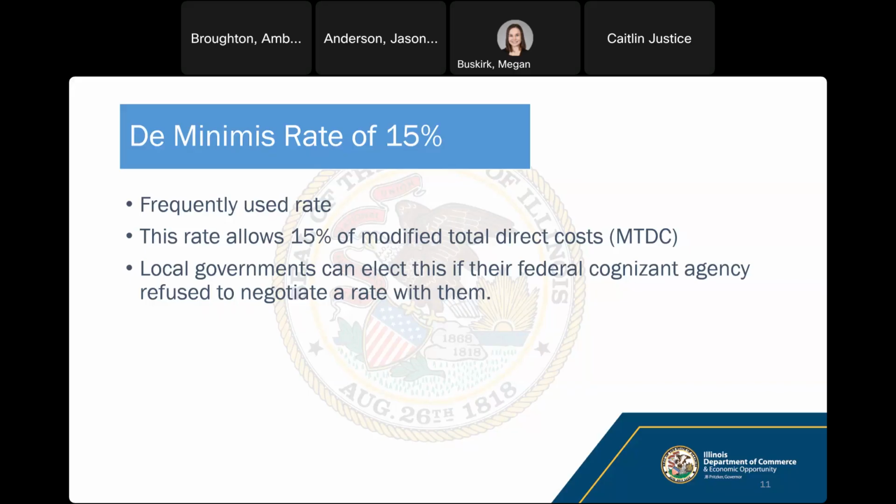Specific indirect cost restrictions can be located in that NOFO for each award. The de minimis rate of 15% can be used indefinitely by a grantee until such a time that the grantee chooses to negotiate an indirect cost rate, which the grantee may do at any time.